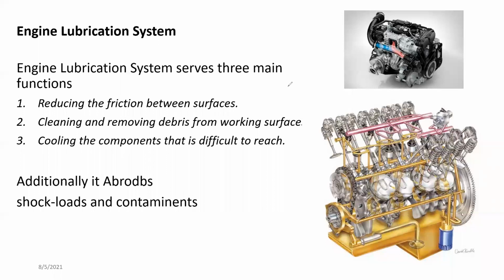And the third function is cleaning the components that are difficult to reach. One good example is the inside of the piston itself. As we discussed in the previous lecture, the lubricant is provided to the inside surfaces of the piston, because the piston is getting heat, but it's almost impossible to provide coolant, that means our water coolant, into the piston, because of the complexity of the working mechanism.